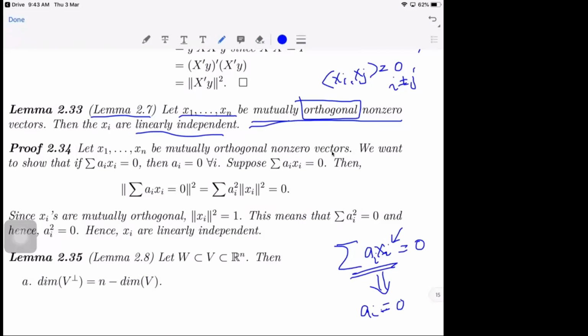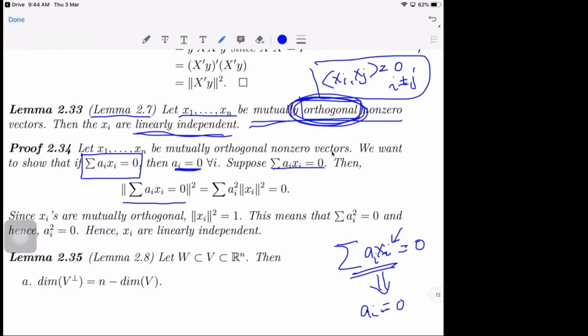So to show that the xi are linearly independent, you assume that this linear combination is 0 and show that all of the ai's here are 0. So assume that it is equal to 0. If you get the square norm of that, because to use this assumption, you have to relate it to your square norm.